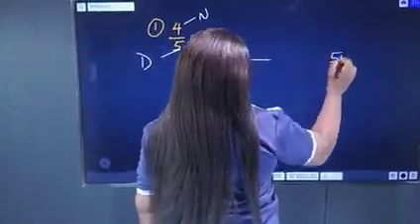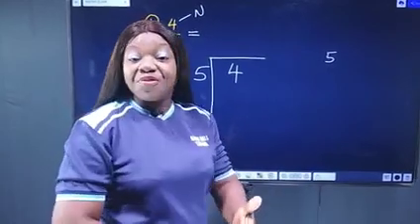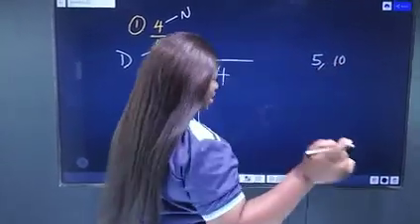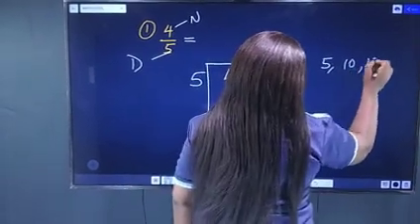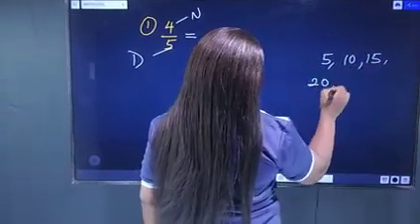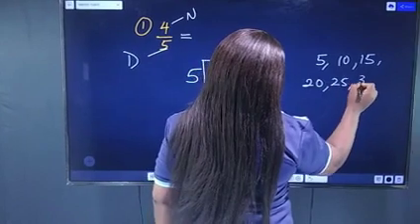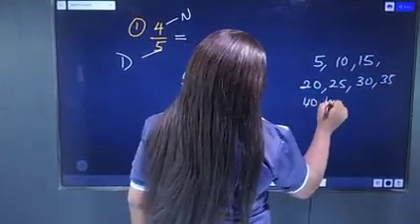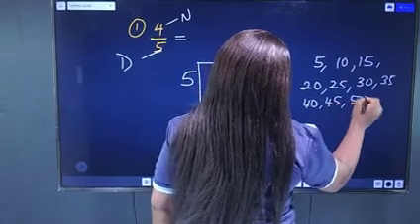So the first is 5. We count in 5s. After 5, 10, 15, then 20, 25, 30, 35, 40, 45, 50. Let's stop there.